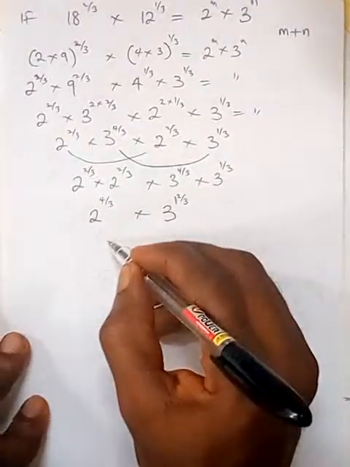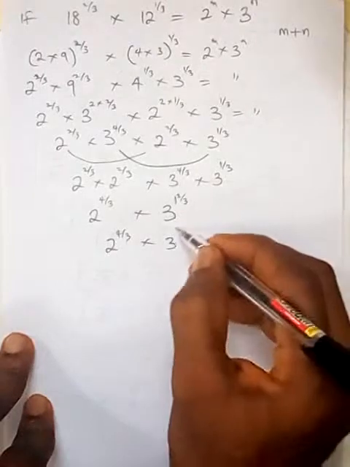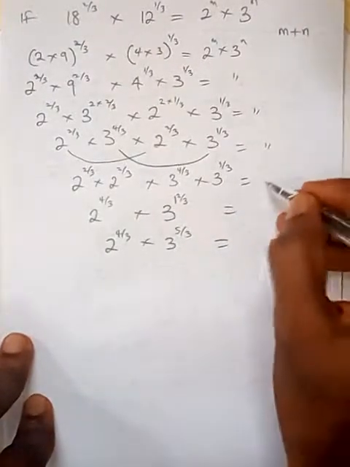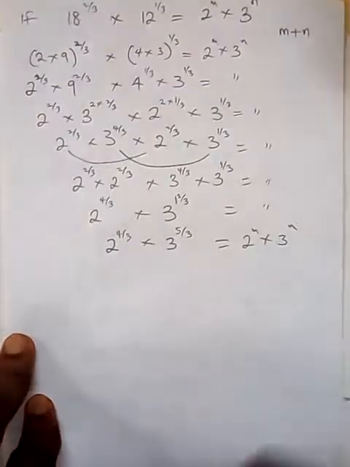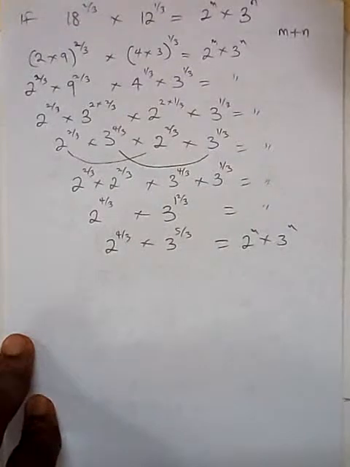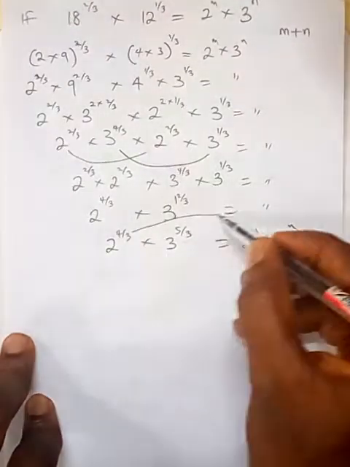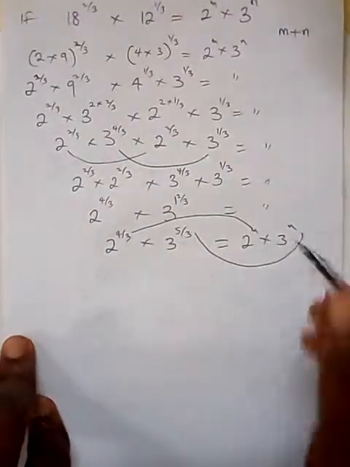So this is 2 raised to power 4 over 3 times 3 raised to power 5 over 3, which is equal to 2 raised to power m times 3 raised to power n. If you compare, you see that this is m and this is n.